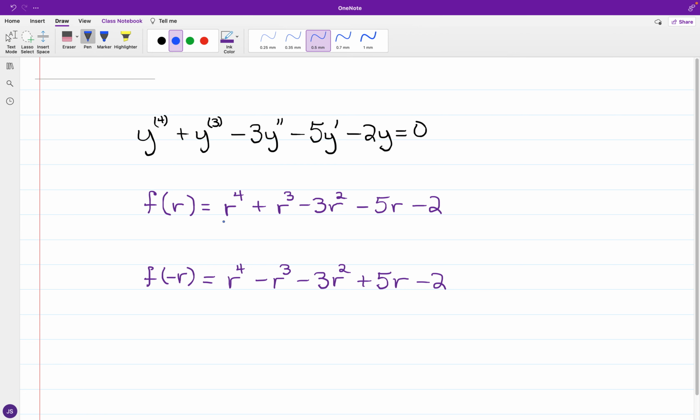And looking at what we have for this particular function, taking the zeros, with the use of synthetic division, if I have negative 1, I have 1, 1, negative 3, negative 5, and negative 2.